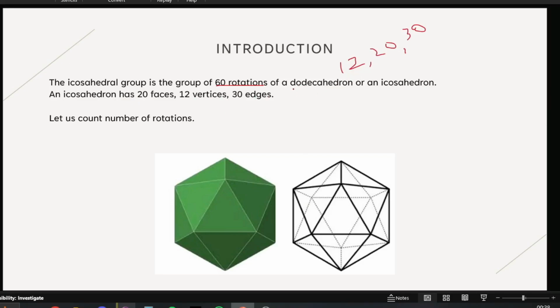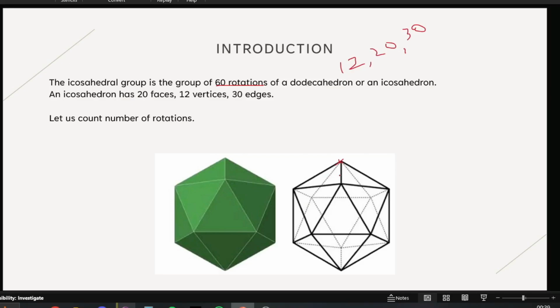Since we covered the dodecahedron in detail in the previous lecture, this lecture will focus on the icosahedron, but the rotations remain the same. First we will look at the possible rotations of an icosahedron. So this is one vertex here.